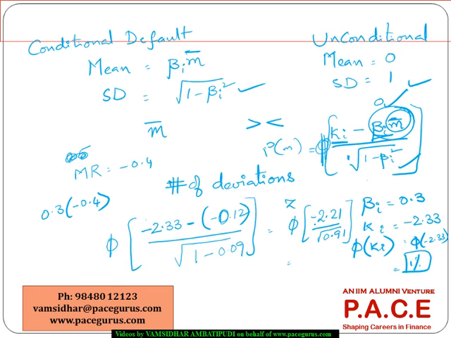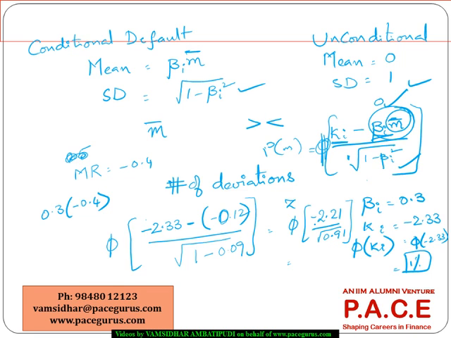So the mean in this new case is the new distance to default, based on the realized market factor, beta I m, and the standard deviation is based on square root of 1 minus beta I squared.